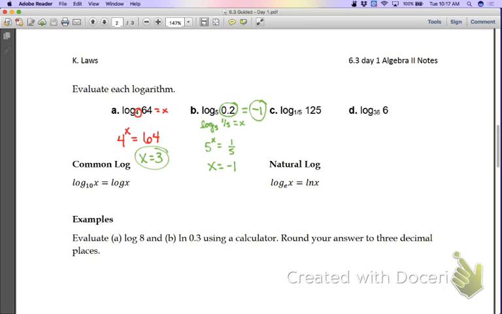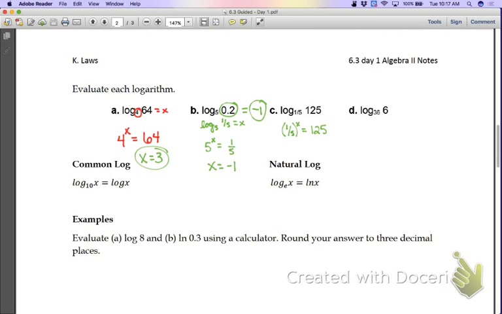Same way, if I have log base 1/5 of 125. So then I'm going to have 1/5 to the x power is equal to 125. So first off, what did I have to do to make it? It went from a fraction to a larger number. So what did I do with the 5 first off? If I took the fraction, I made it into a whole number.